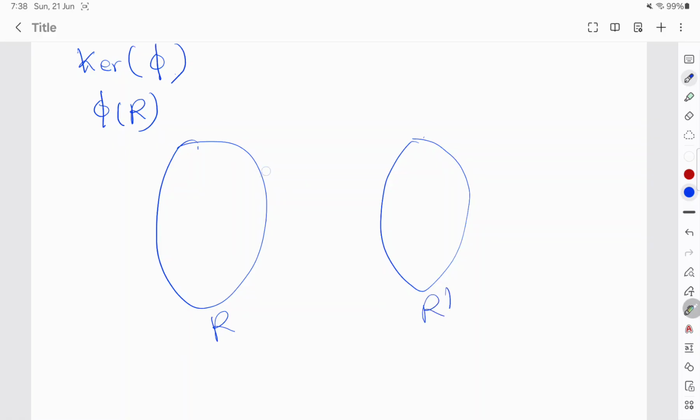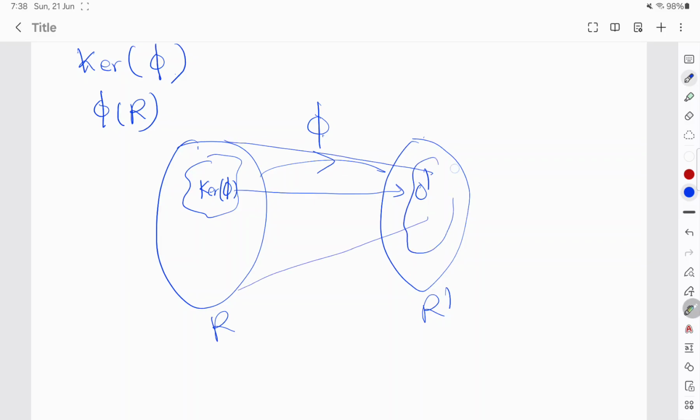So inside the domain you get the set ker phi which maps to the 0' element, and the whole image set is contained in R'. That set is called phi of R, because if it is an epimorphism, then you will get the whole R'.